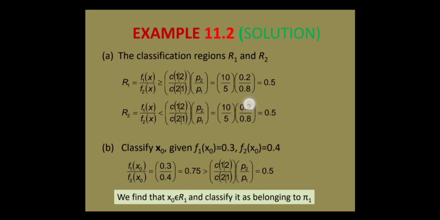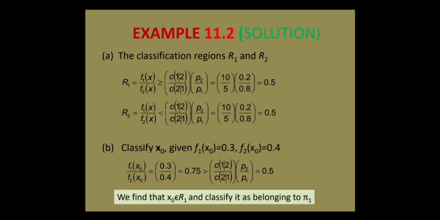So we can say that here you akan dapat region 1 bila the density ratio is more than or equal to 0.5, and the region 2 will lie bila the density ratio is less than 0.5.